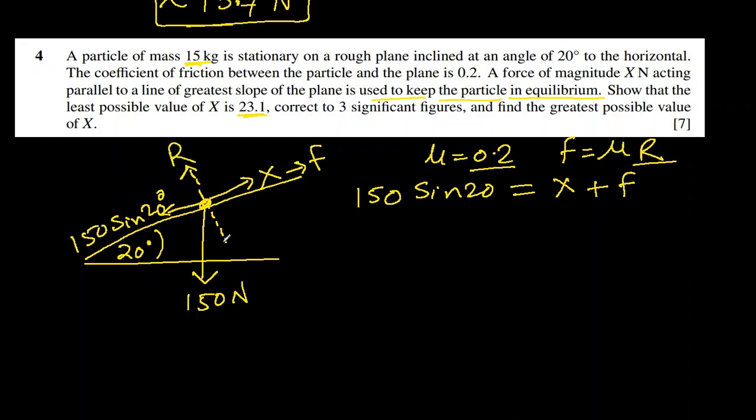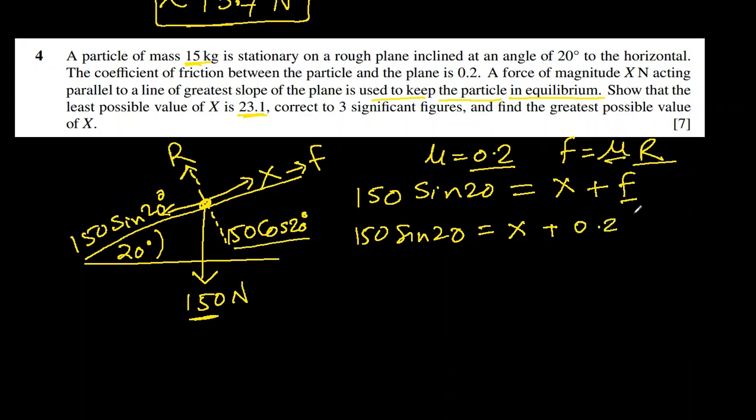And it will be equal to the y component of 150 Newton weight, which will be 150 cos 20 degrees. So let's substitute these two values now. 150 sine 20 equal to x, which is to be found, plus force of friction, which will be mu, 0.2, times R. We just found R. R is 150 cos 20.